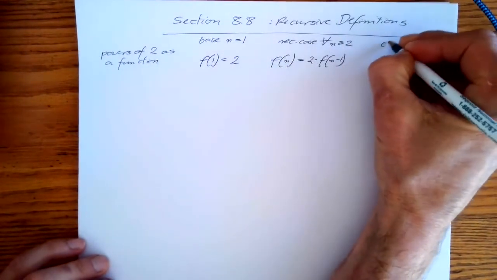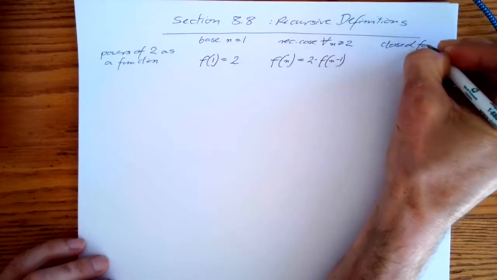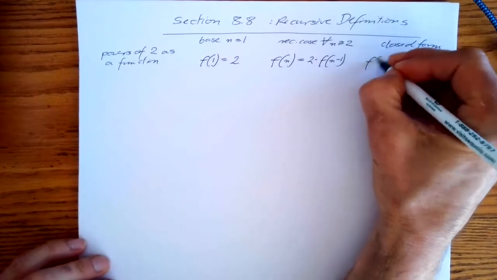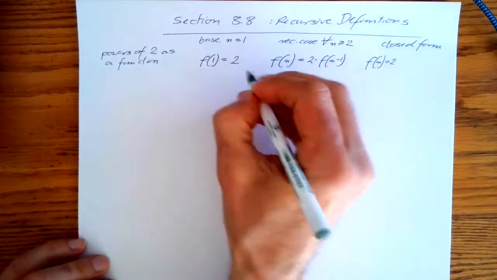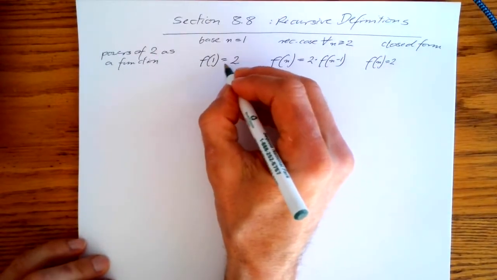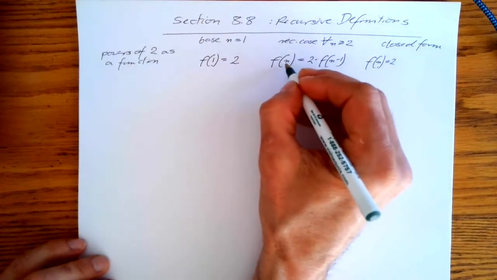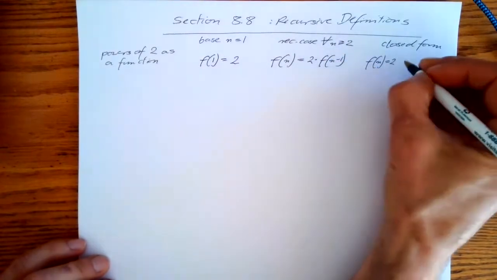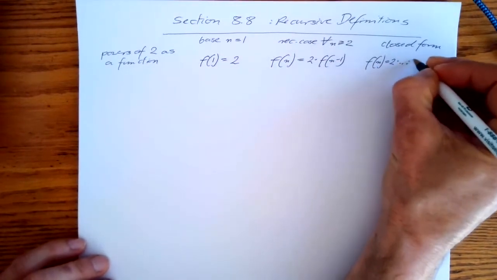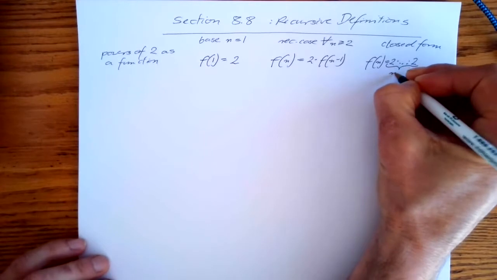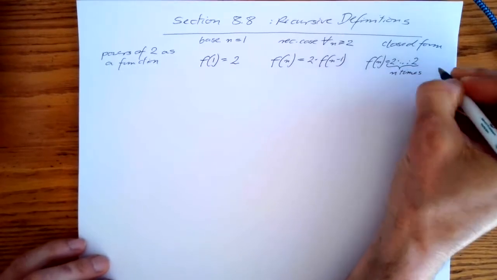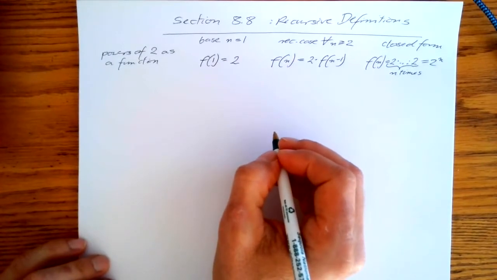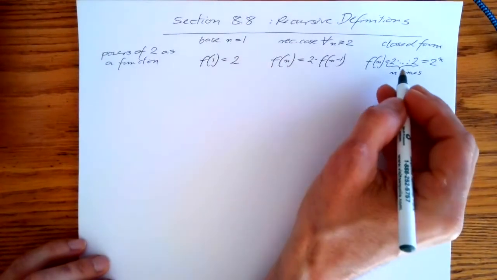How so? Well, here is the closed form. What is it? So f(n) is, we start with 2. Every time we increase n, it's one more multiplication by 2 of the previous value. So these multiplications accumulate, and it's n times. So this is going to be 2 to the n, right? And we can use induction to prove this.